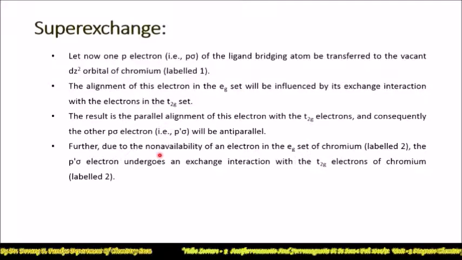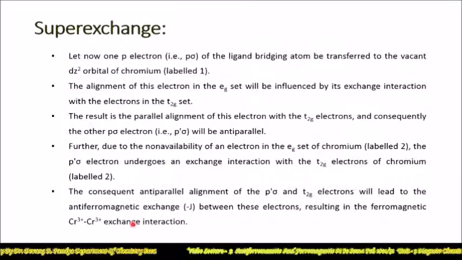Further, due to the non-availability of an electron in the eg set of chromium labeled 2, the p' sigma electron undergoes an exchange interaction with the t2g electrons of chromium labeled 2. The consequent antiparallel alignment of the p' sigma and t2g electrons will lead to antiferromagnetic exchange, where the J value is negative between these electrons, resulting in the chromium(III)-chromium(III) exchange interaction.